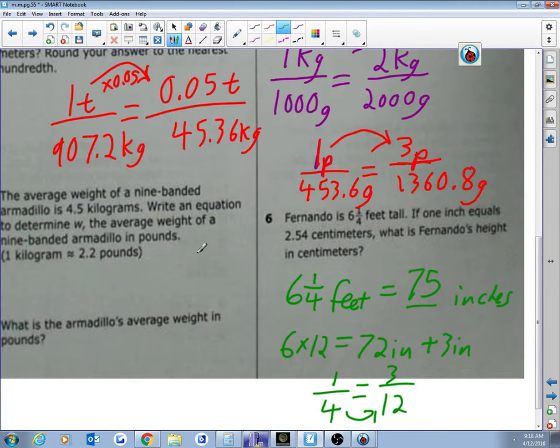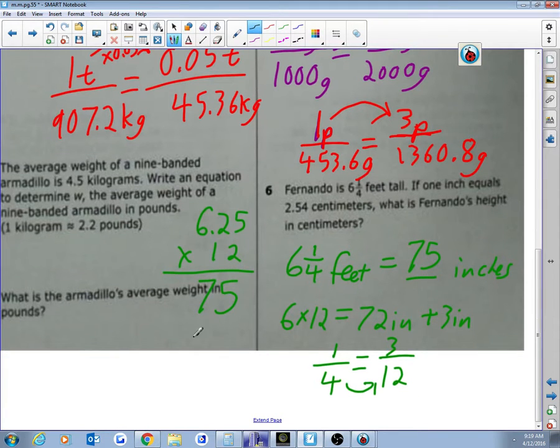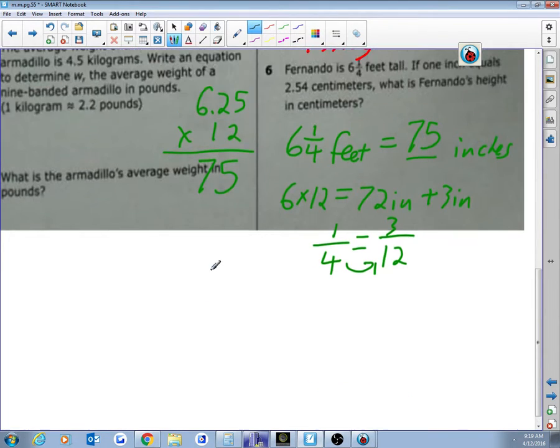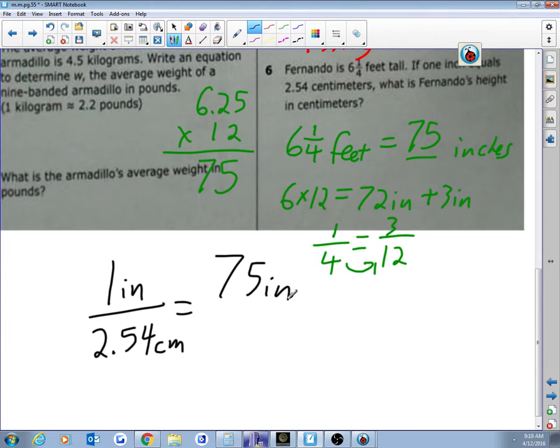We also could have done 6.25 times 12. That also would have given us 75. So he's 75 inches tall. Let's change color here. I know for every 1 inch, that's 2.54 centimeters. And I'm looking for 75 inches.